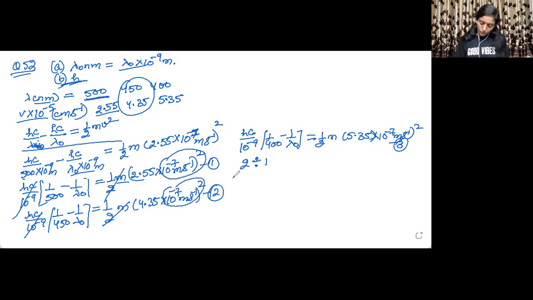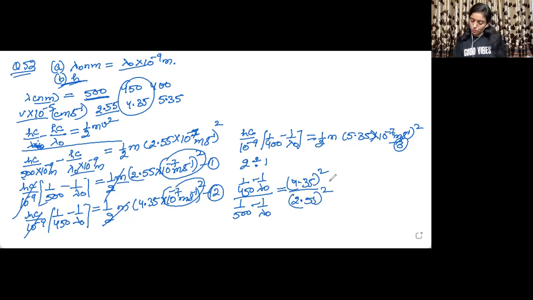So 2 divided by 1: the left portion will be 1 upon 450 minus 1 upon lambda naught, upon 1 upon 500 minus 1 upon lambda naught. It will be equal to 4.35 square upon 2.55 square.